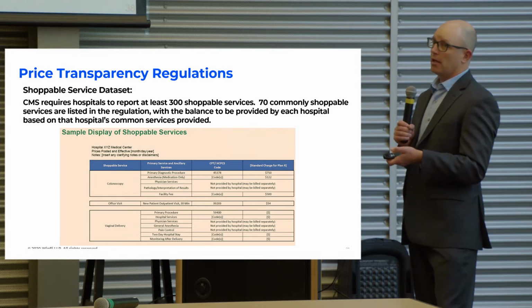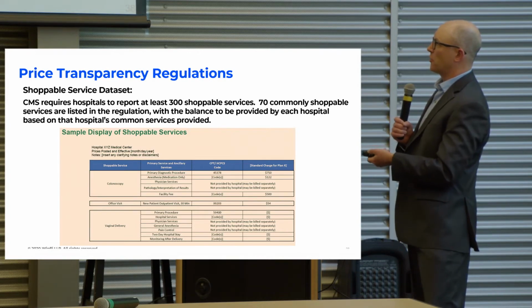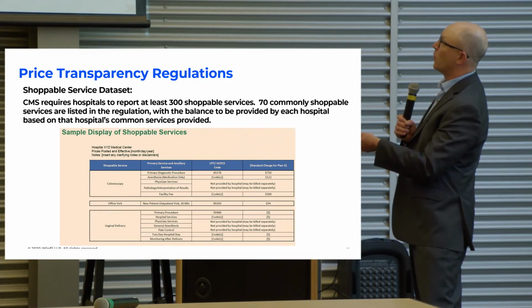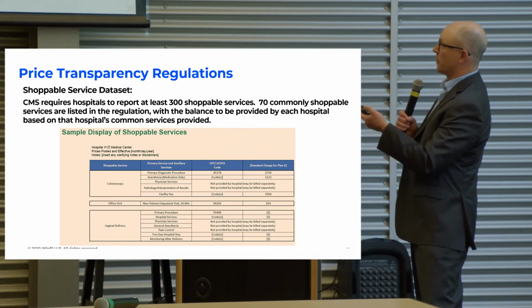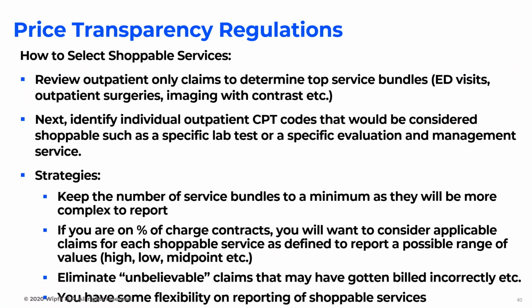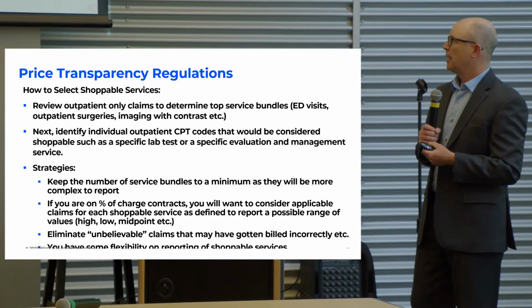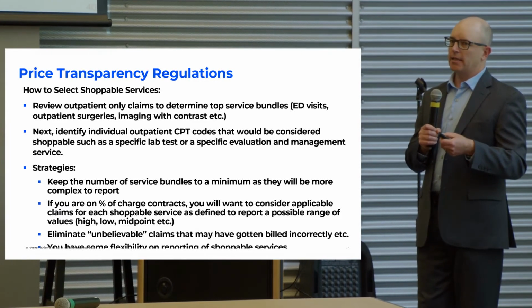As you can see, the more bundled services you have, the more complex they are to report on, because you have more primary service and ancillary services to report on. So if your shoppable services include a lot of those bundles, then it's going to increase the complexity of your reporting.